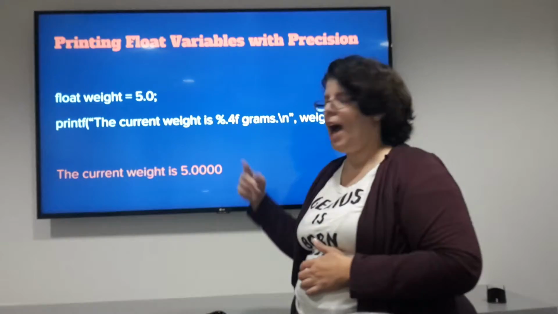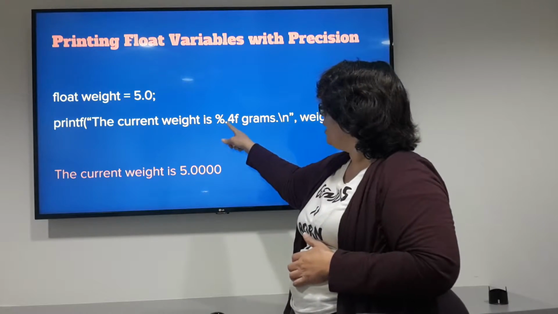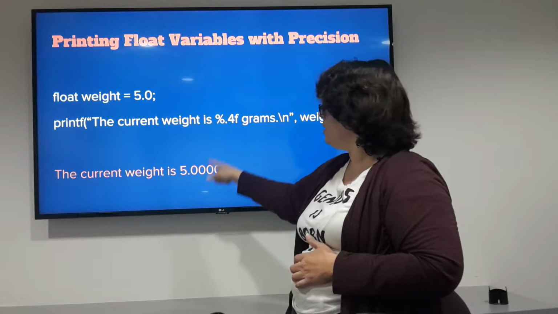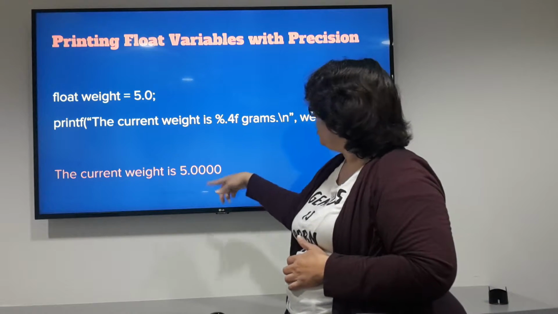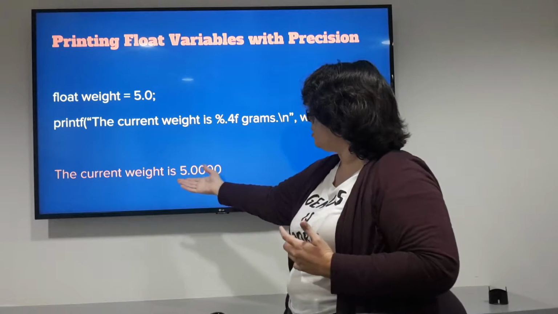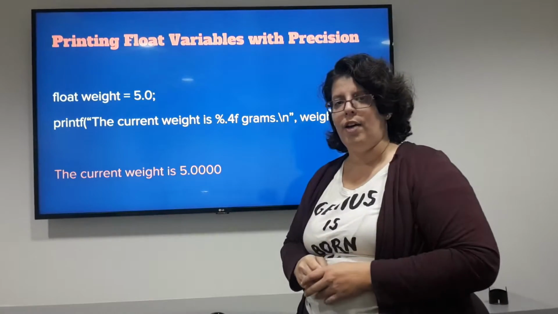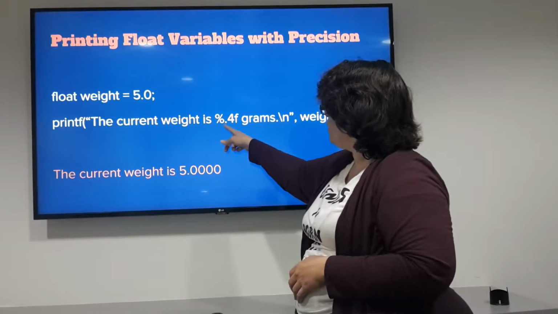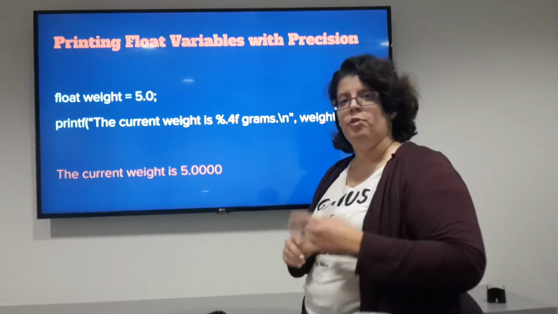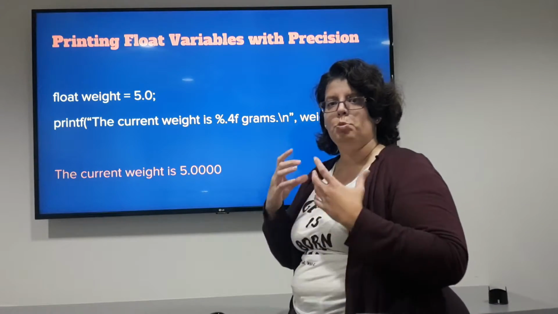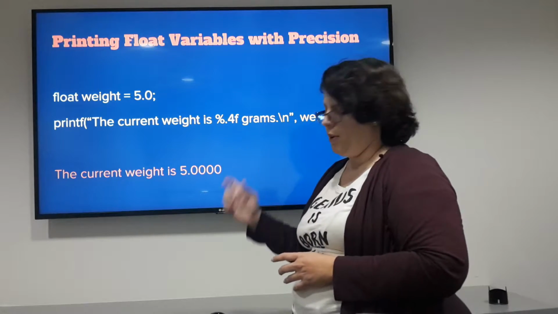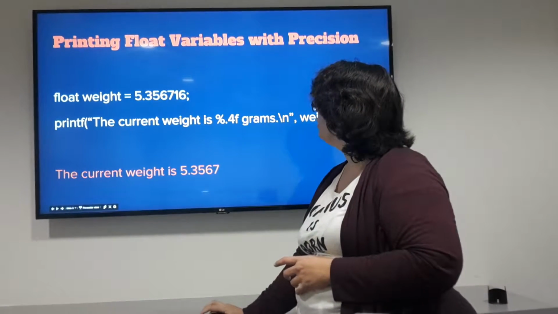So that way it's going to say after the decimal place, I want to have 4 digits. And that's exactly what's shown here. So the current way that it's shown is 5.0000. That's the way that 5 is shown when you have 0.4f as the actual position point determinator.